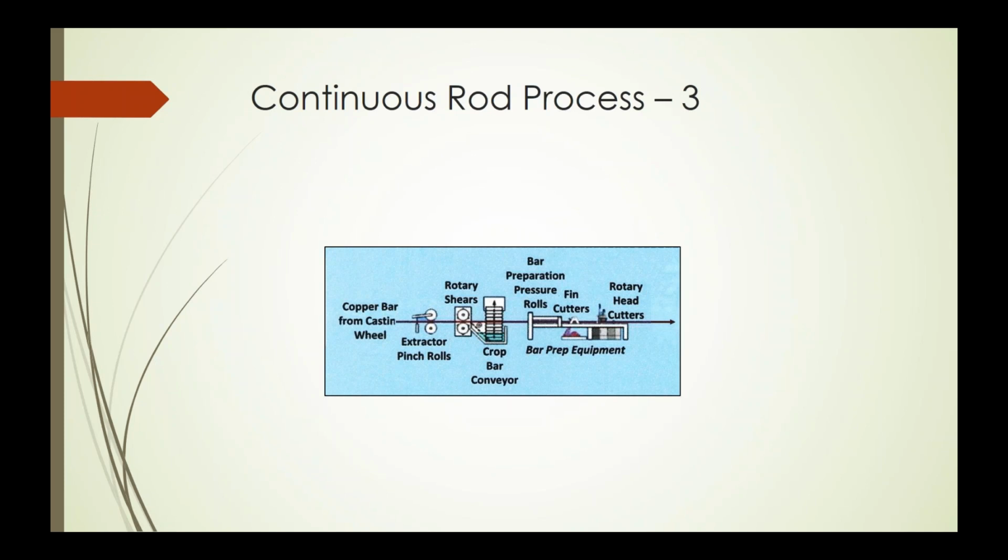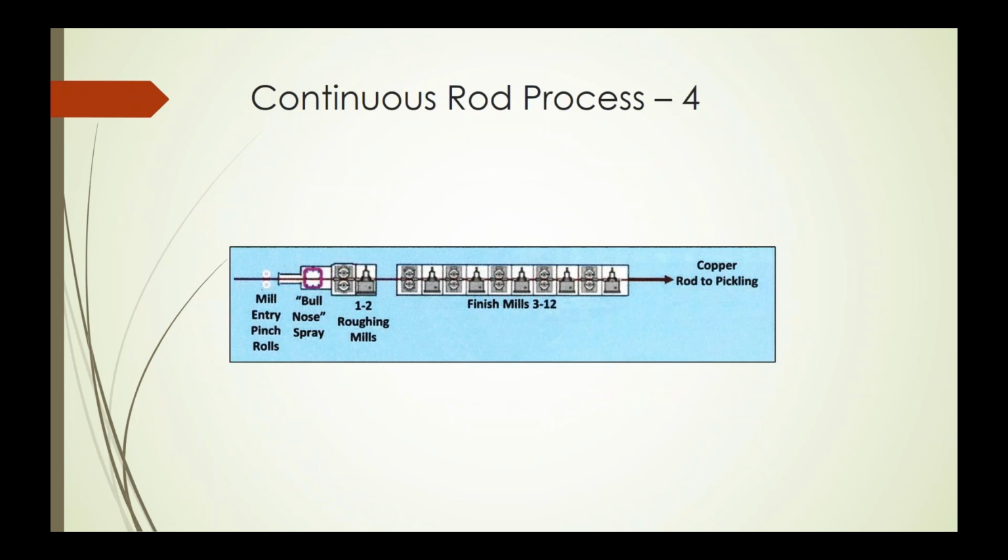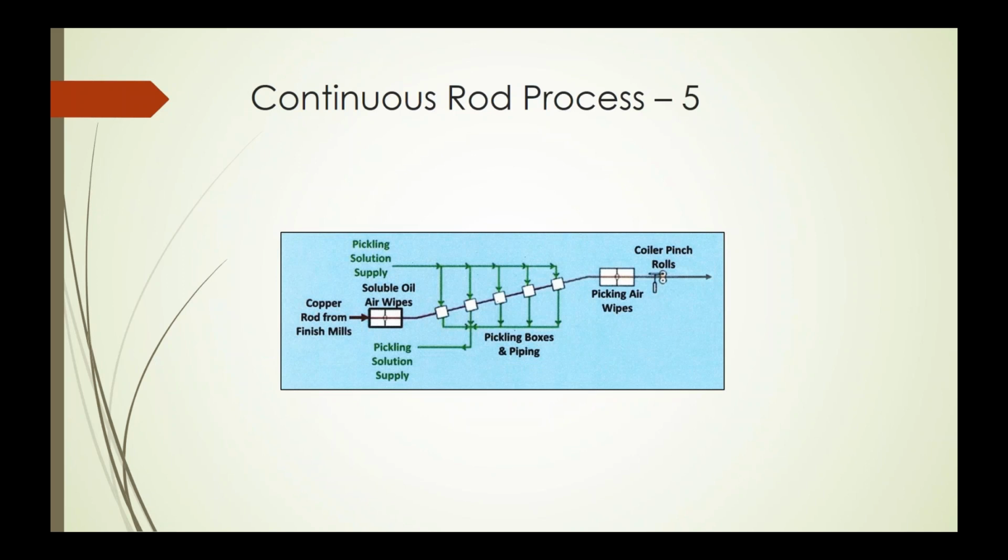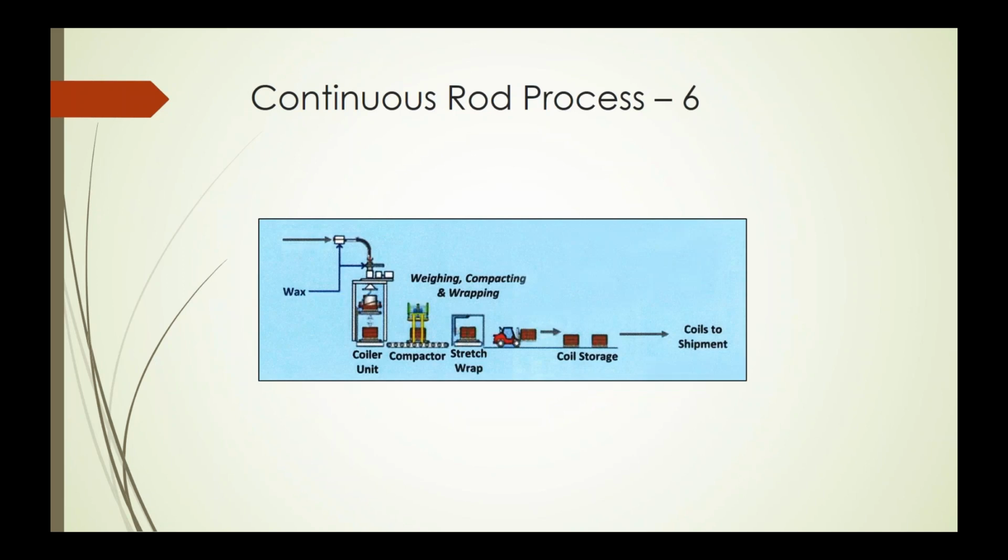You could cut it off, or you can do some finishing on it, cleaning, pickling, various wipes. You can cut it, wax it, coil it, and ship it. Or you can cut it into lengths and make other products out of it.